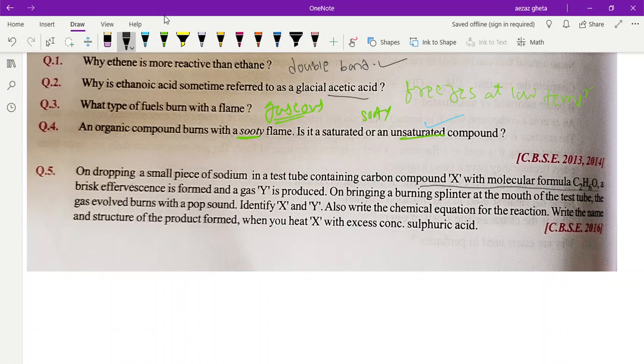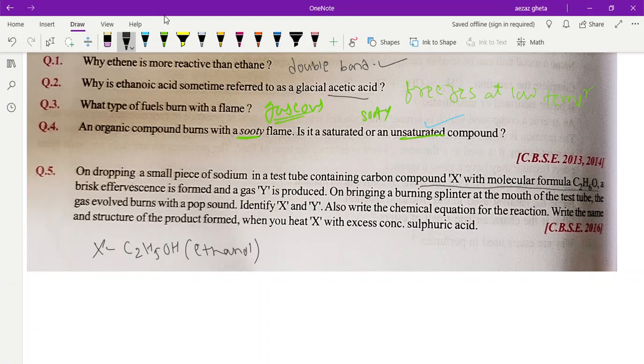So if you see carefully, C2H5OH. It is nothing but what? This is C2H5 plus 1 H, so H6, and this is O. So you can say that C2H5OH is nothing but C2H6O. So the compound X is C2H5OH, that is alcohol, ethanol you can say.